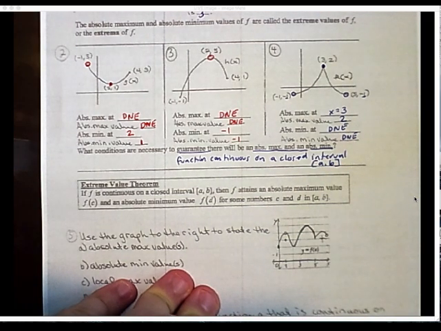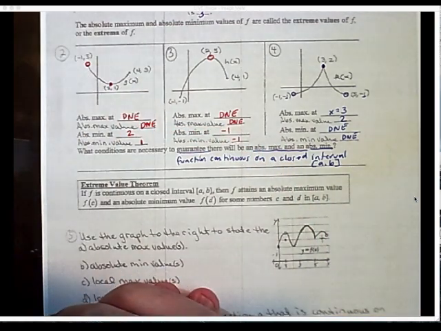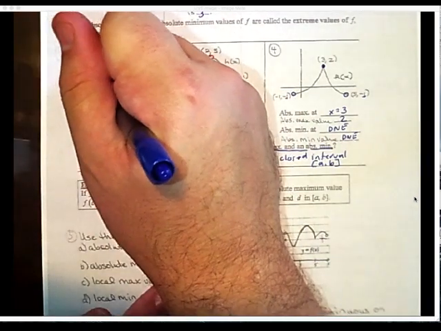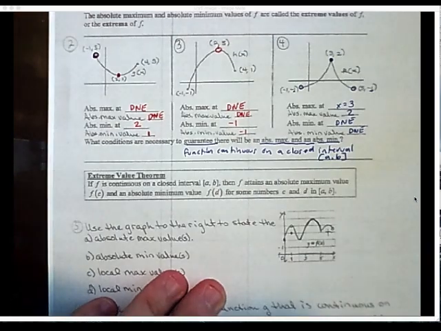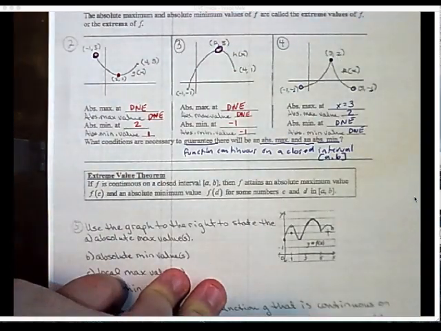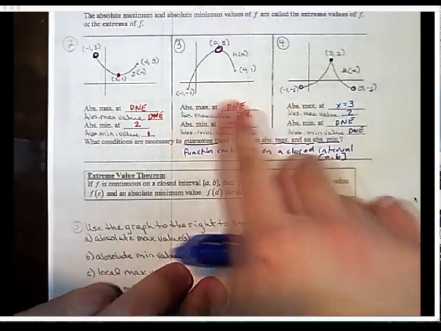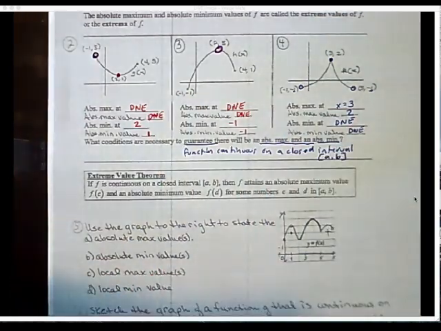Function has to be continuous, and you have to have filled in circles on the endpoints. So this one violates the closed interval purpose. This one violates the continuity piece. And this one violates the closed interval. And that's why we see D and E's, and part of the answer is there.